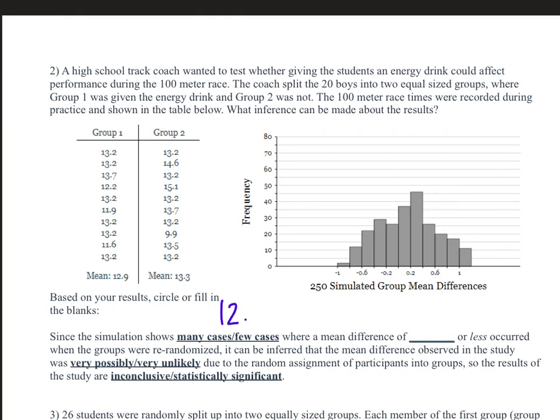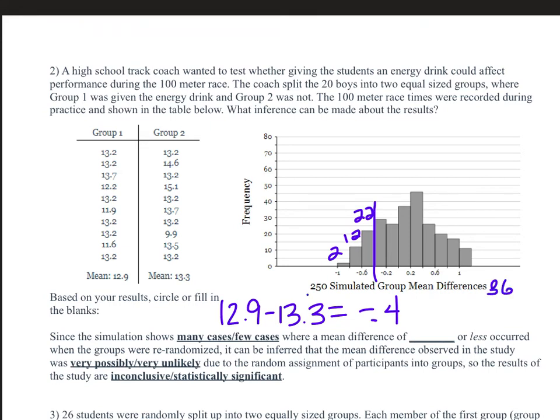So we do 12.9 minus 13.3, and we get negative 0.4. So find negative 0.4 on the graph. It's right about here. So anything lower than that, so this is about 22, about 12, about 2. You can just be approximate as long as you're not off the charts wrong. It will always work out.